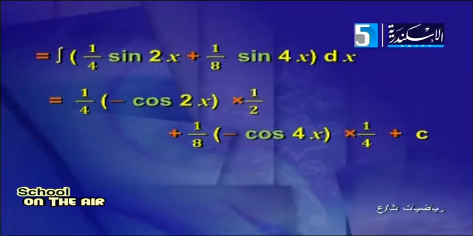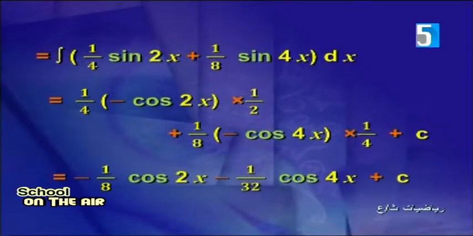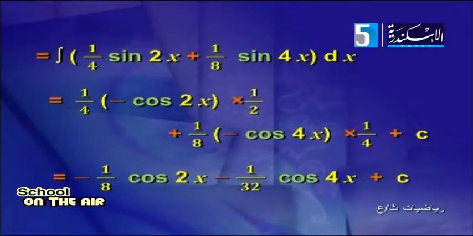Then the result equals negative 1 over 8 cosine 2x minus 1 over 32 cosine 4x plus c. Then the integration of cosine power 3x sine x dx equals negative 1 over 8 cosine 2x minus 1 over 32 cosine 4x plus the constant c.